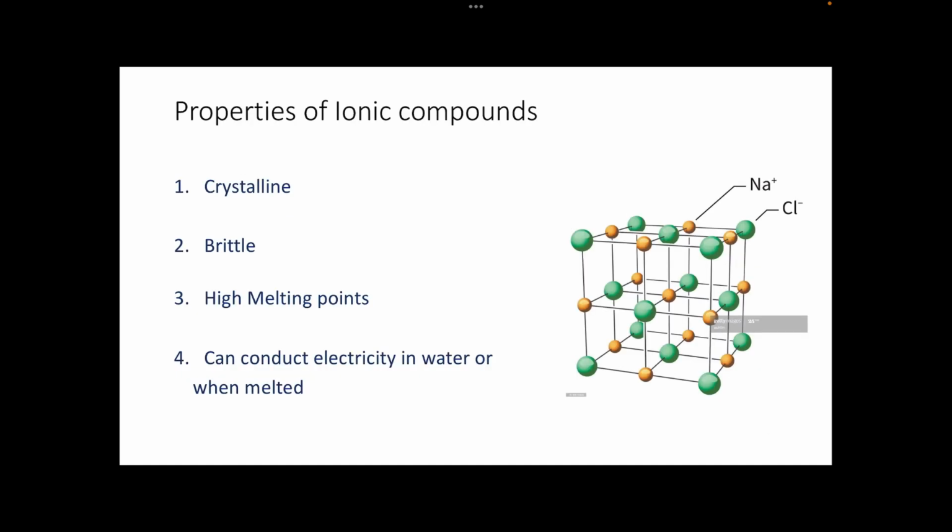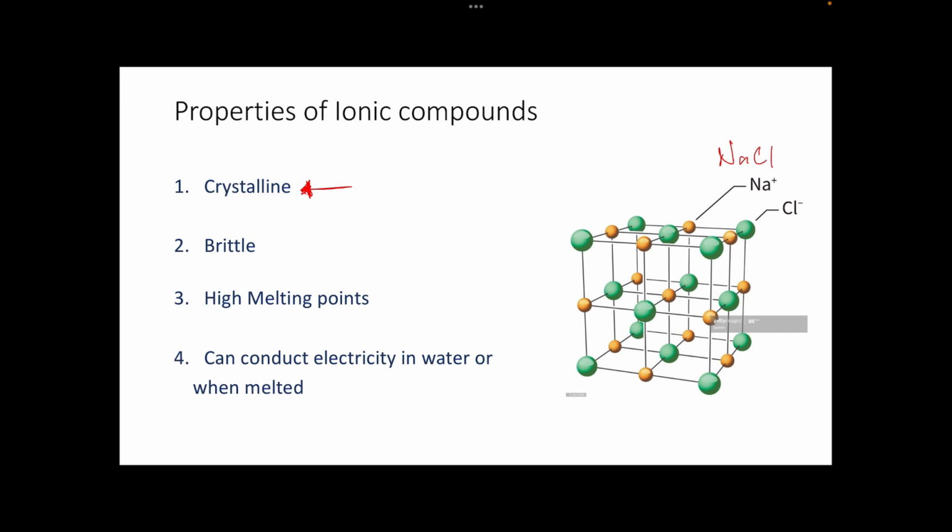All right, so these are the properties. An example of an ionic bond is sodium chloride, NaCl over here, and it has some specific properties. We'll look at this in a lab also. The first one is that they form crystals. So they're crystalline. This means that they are brittle, all right?